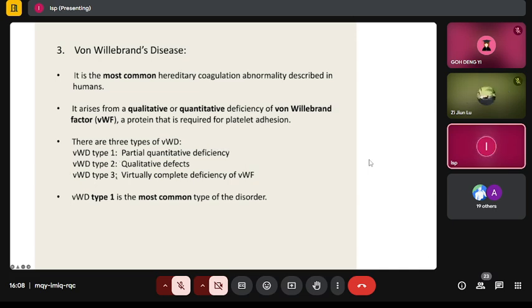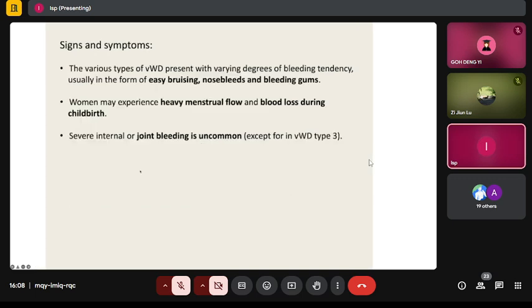Type 3 will be a more severe form of von Willebrand disorder. They can present with deeper bleeding because of the total absence of von Willebrand. The symptoms of von Willebrand disorder can range from easy bruising, mucosal and nose bleeding to deeper bleeding as well.